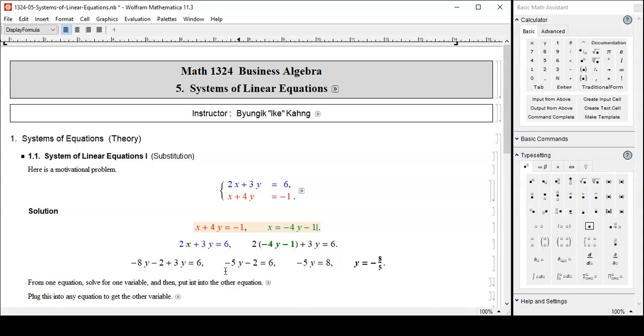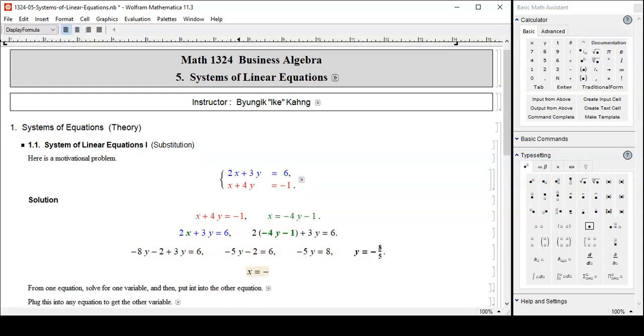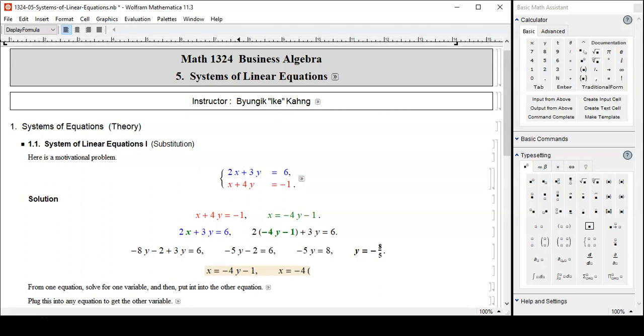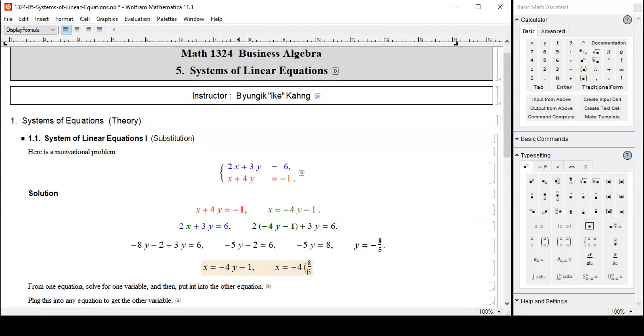I already solved for x, so putting this into x equals negative 4y minus 1, that is, x is negative 4 times negative 8/5, minus 1, and what is this?